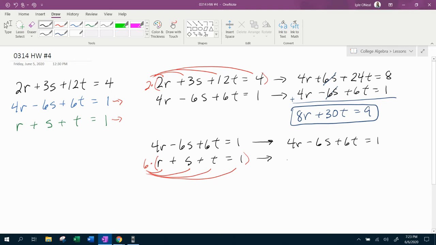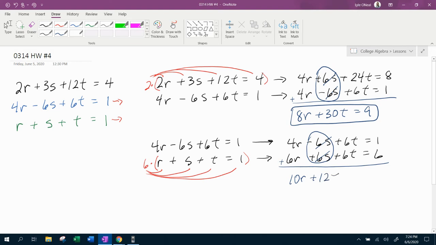And then the second equation, I'm going to get 6r plus 6s plus 6t equals 6. And now these equations are ready to be added. 6 and 4, that's 10r. s's cancel. See that? Look what I did there. I got the same letter to cancel twice in a row. Okay, 6 and 6, that is 12t and 7.